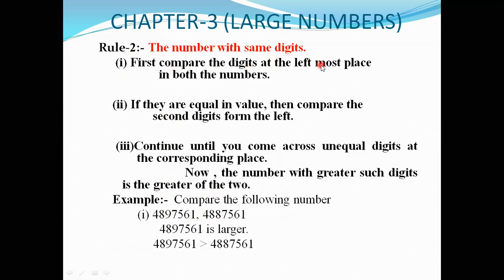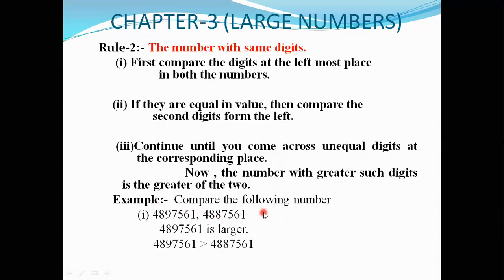First compare the digit at the leftmost place. 4 and 4 are both the same. Now go to the second digit. The second digit is also the same, but here the next digits are 9 and 8. 9 is different from 8, and when we compare 9 and 8, we find 9 is greater than 8. So this number is greater than this number. In this way, we can find the larger number.